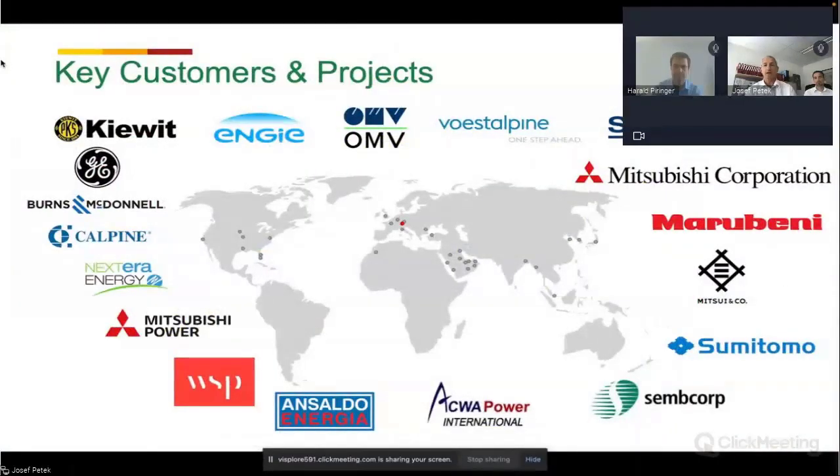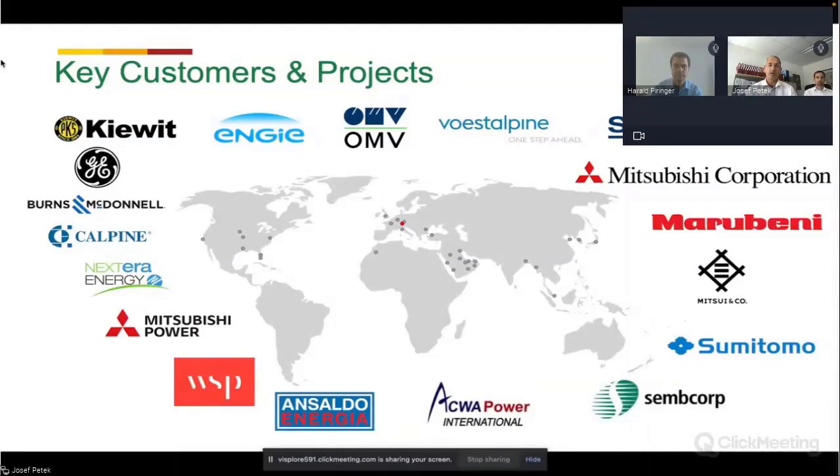Our projects and customers are spread worldwide, from the west coast of the US to Japan. Big names like big gas turbine manufacturers, Mitsubishi Power, GE, Ansaldo, they use our heat balance software. We have utilities like NextEra Energy, Florida Power and Light, STEAG using our software.